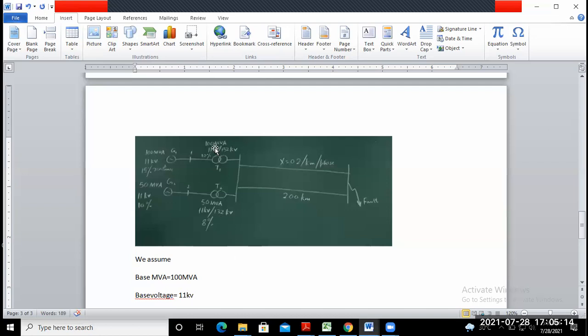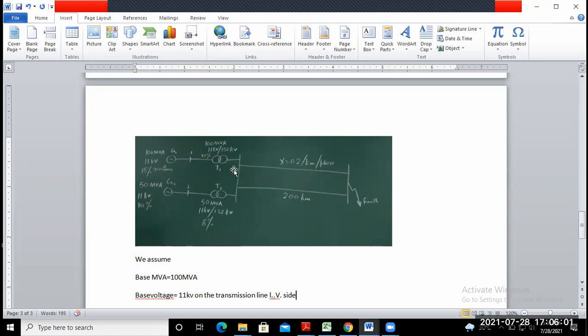On the transmission line, on the low voltage side of the transformer, the base voltage changes from the high voltage side of the transformer.